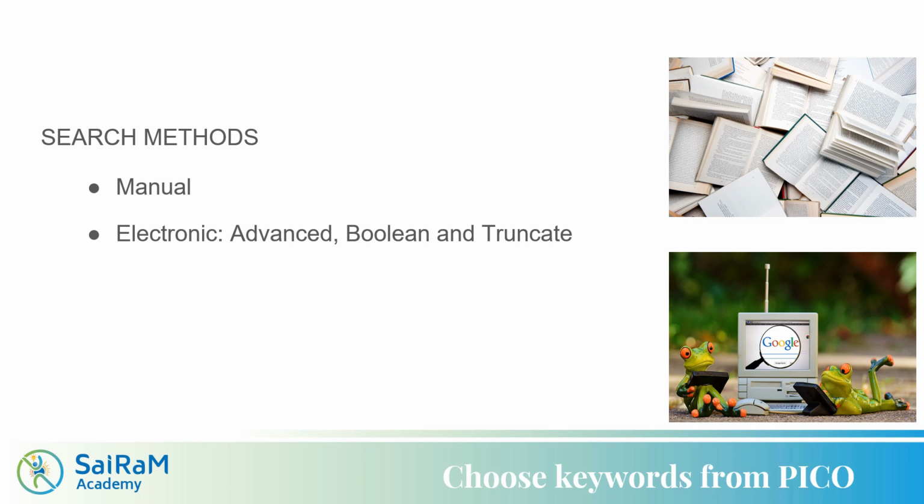Here my population is neonates and the intervention that I'll be giving is the early intervention. So I'll be joining these 2 keywords using AND. For example, neonate AND in capital letters followed by early intervention. That is about the Boolean type of search.